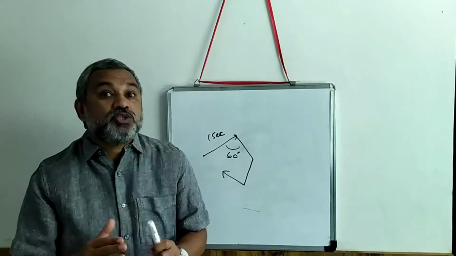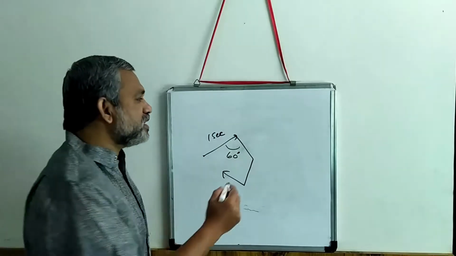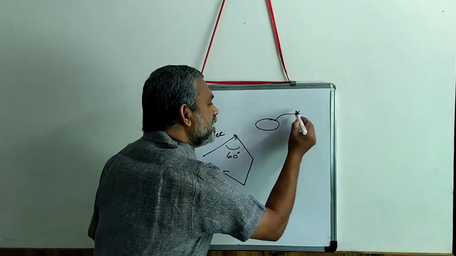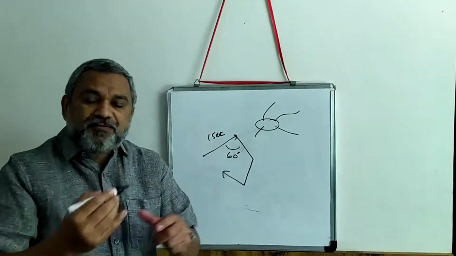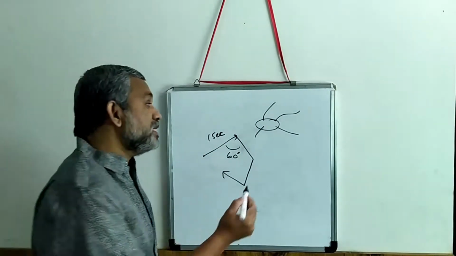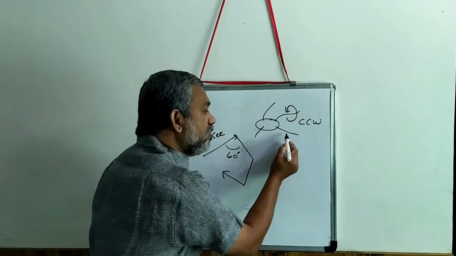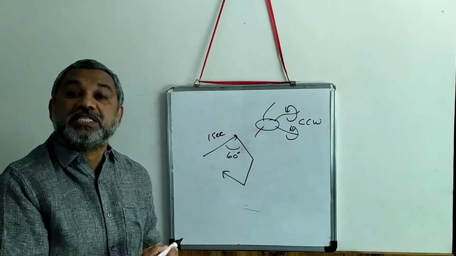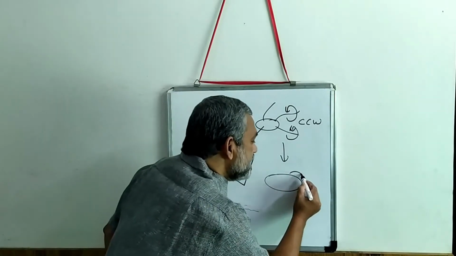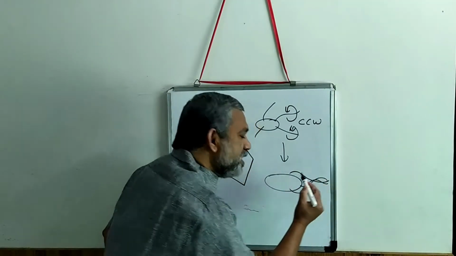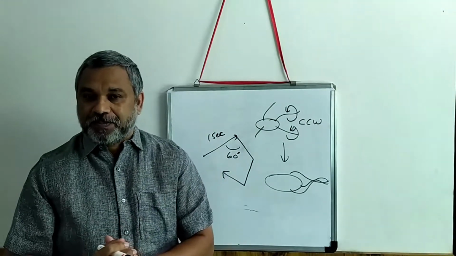When a bacterium has to swim in a smooth direction, if there are many flagella, what is observed is that all the flagella rotate in a counterclockwise direction. This results in all the flagella coming together, and it is able to move in the forward direction.